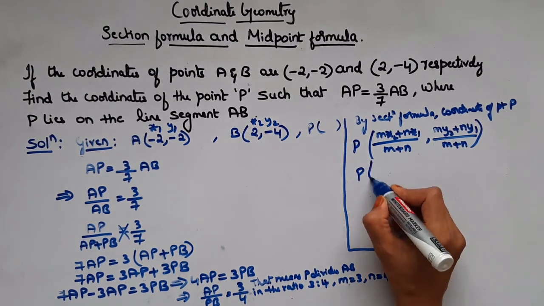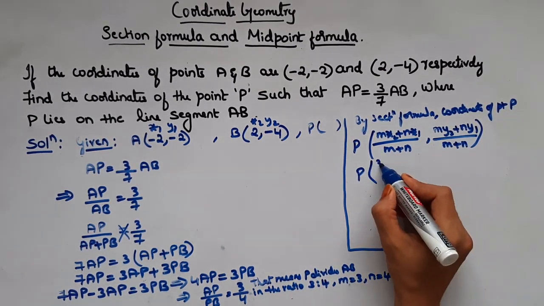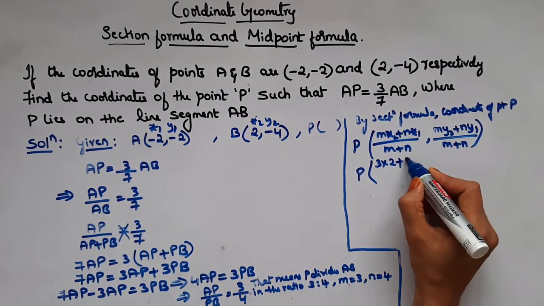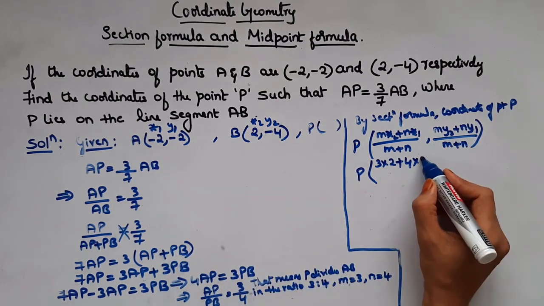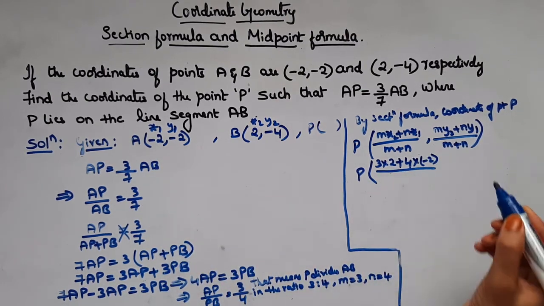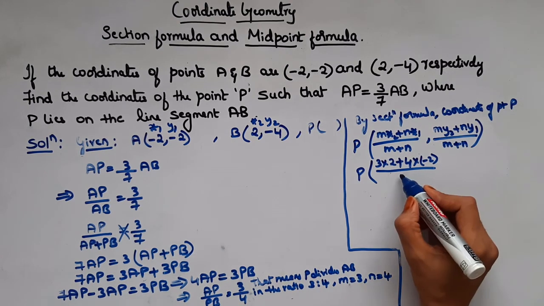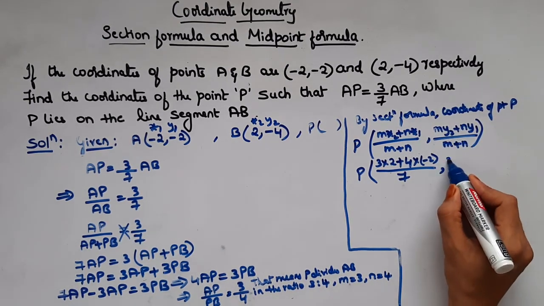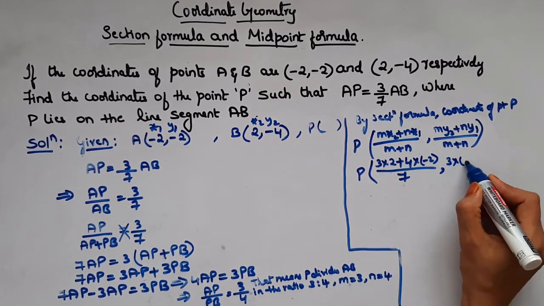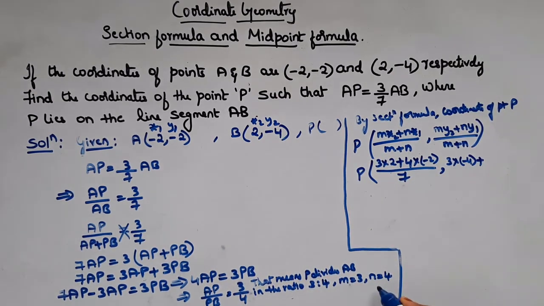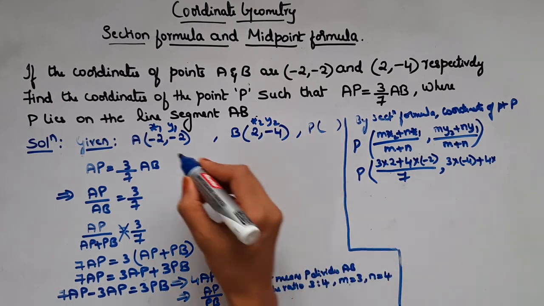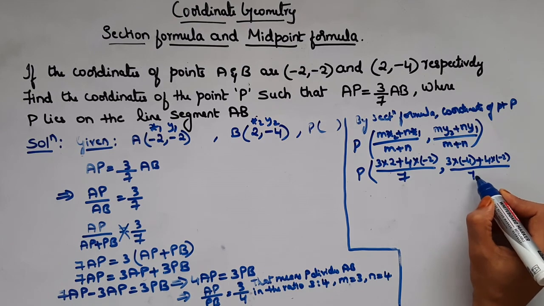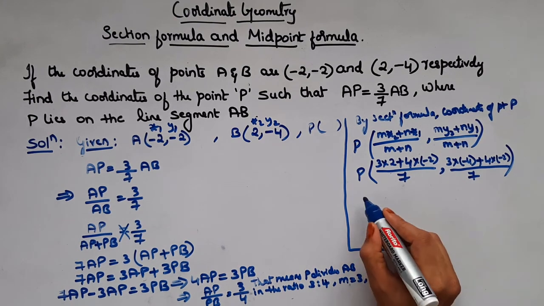So we have P of: m is 3, so 3 into x2, which is 2, plus n, which is 4, into x1, which is -2, divided by m plus n, which is 3 plus 4, that is 7. Similarly, m is 3 into y2, which is -4, plus n, which is 4, into y1, which is -2, divided by 7. Now let's simplify this.